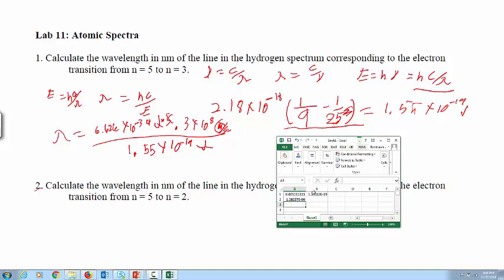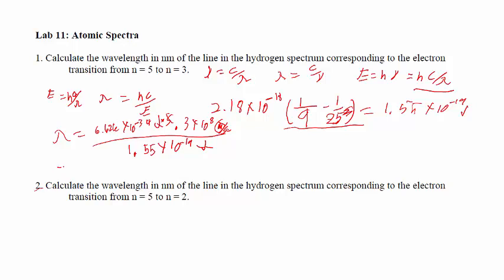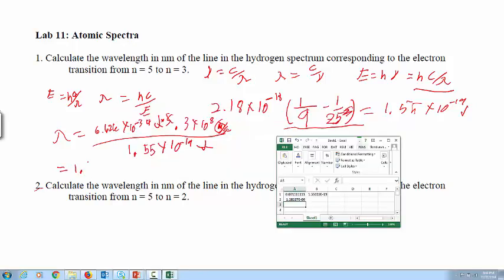That does it. So that is 1.28 times 10 to the negative 6th meters. Again, 1.282, yes, so 1.28.